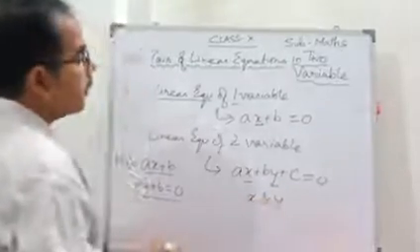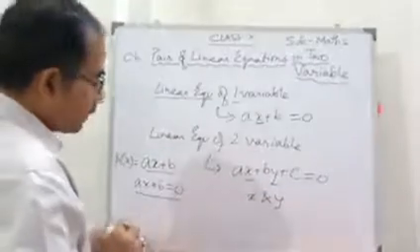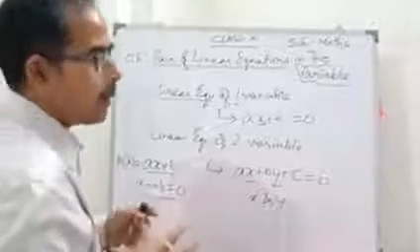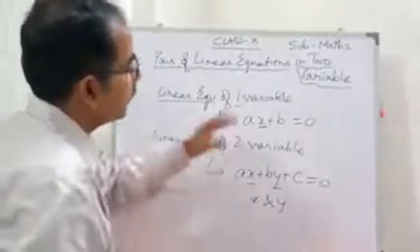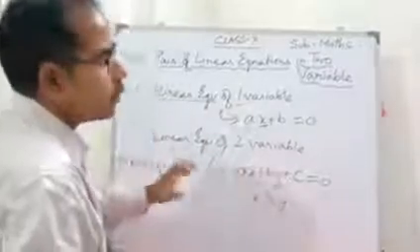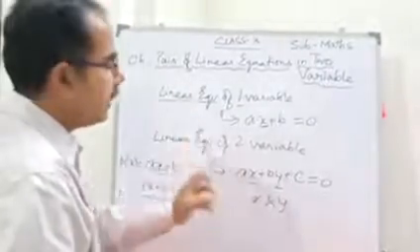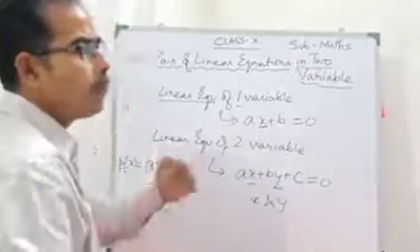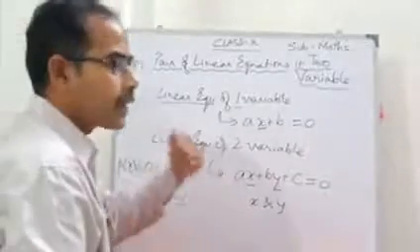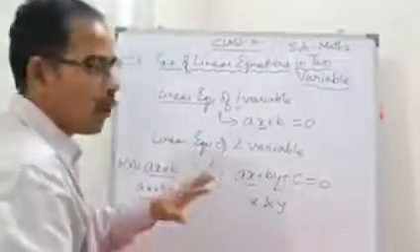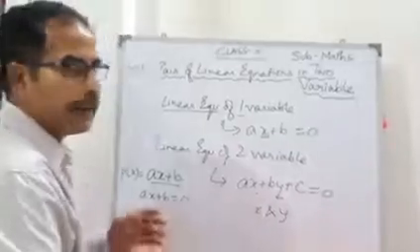So we will study the different types of maths over these linear equations of two variables: what is the meaning, how we can write and how we can express them. I hope I have made you understand.